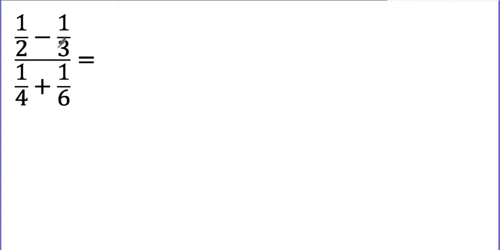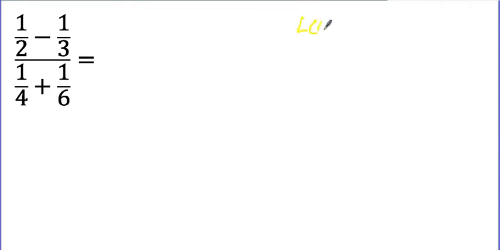Alright, as you see I have my complex fraction here. Look at the numerator: I have 1 over 2 and 1 over 3, and in the denominator 1 over 4 and 1 over 6. So let's look at all the denominators. In the numerator we have 2 and 3 as denominators, and in the denominator we have 4 and 6. So I'm going to find the LCM of all those denominators.